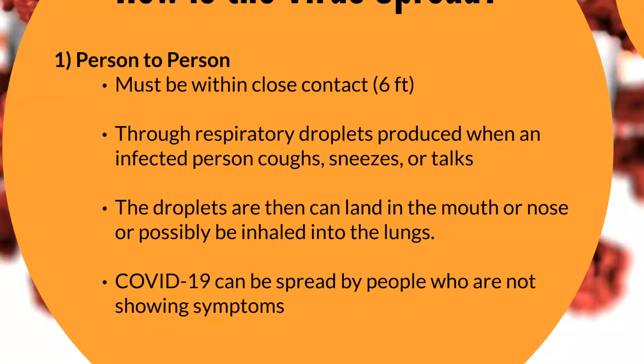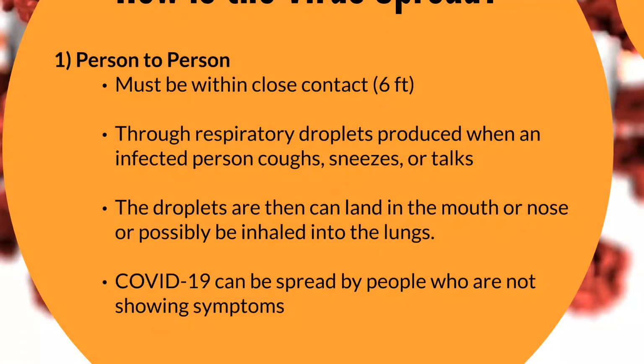Respiratory droplets are produced by an infected person when they cough, sneeze, or talk. Then these droplets can land in the mouth or nose, or even be inhaled into the lungs, maybe even through the eyes of another person, and that's how that person gets infected. So this is droplet transmission.